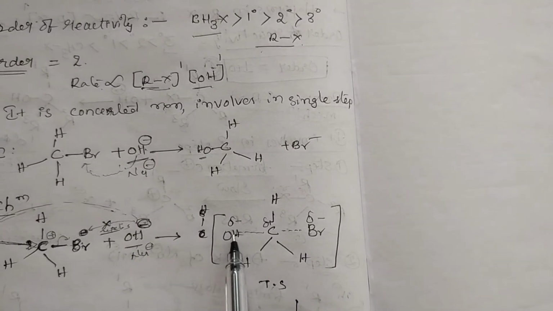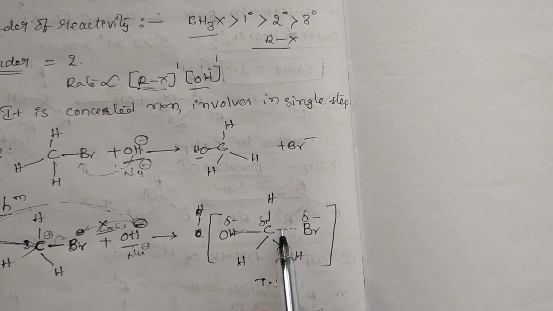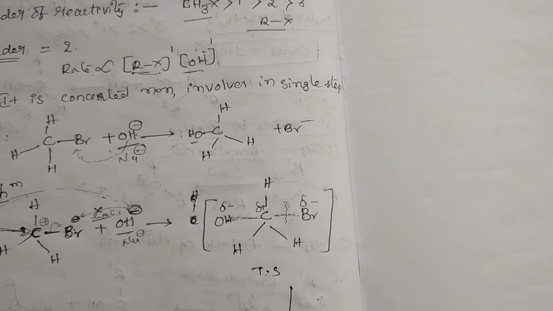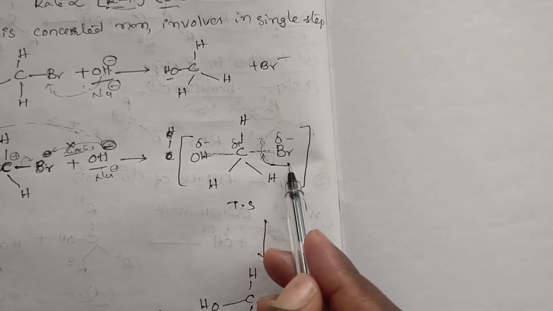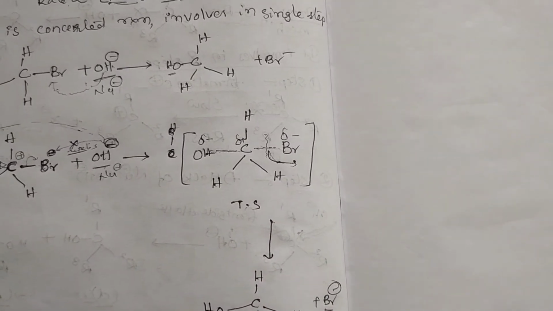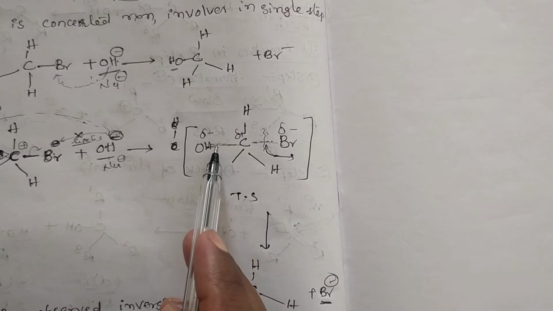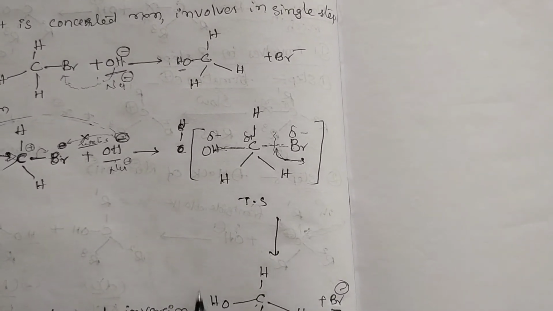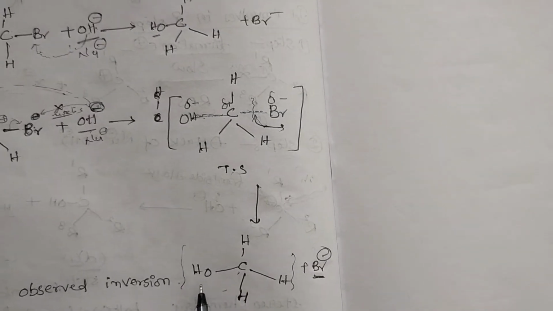So the OH bond slowly forms and this C-Br bond slowly cleaves. Immediately in the next step, the Br completely leaves from this carbon, forming Br minus, and OH forms a strong bond with the carbon. So you will get this product.